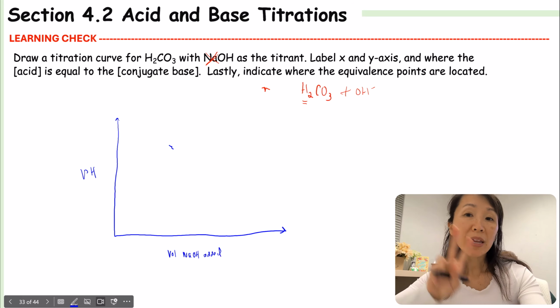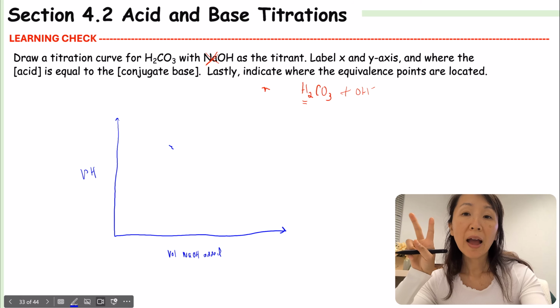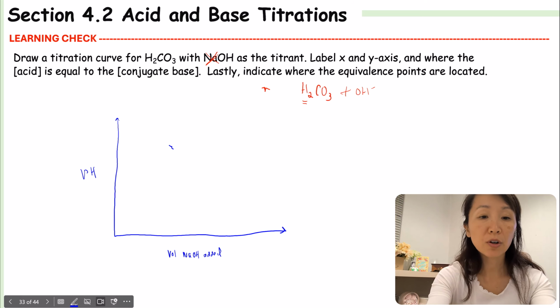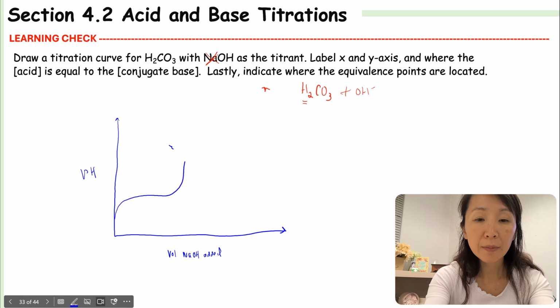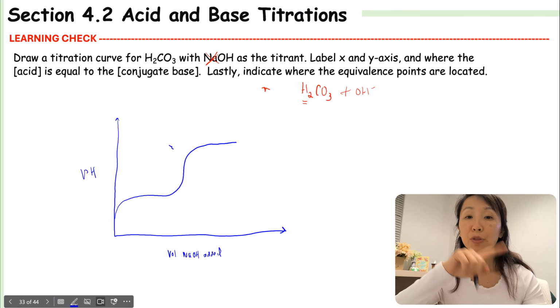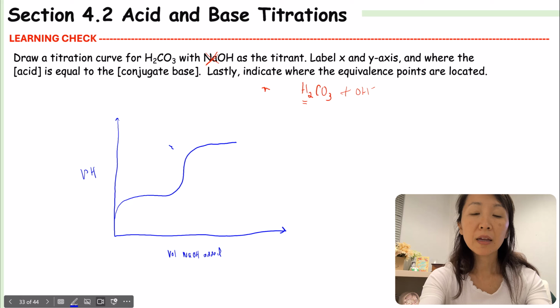Okay, since we have 2 hydrogens that we can donate, we're going to draw 2 titration curves. So this is one hump here, and then the second hump here. The previous slide had 3 humps, okay?